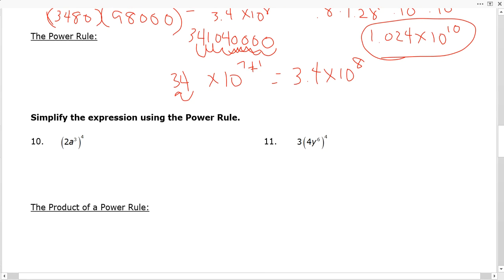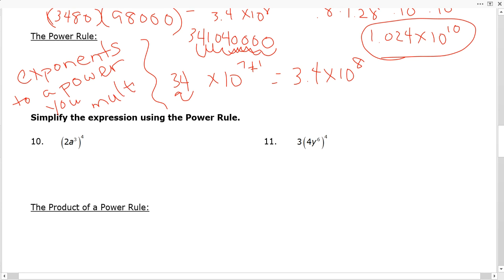When you have a monomial to the power of something, you multiply. So when you have exponents to a power, you multiply. And here's what it looks like.